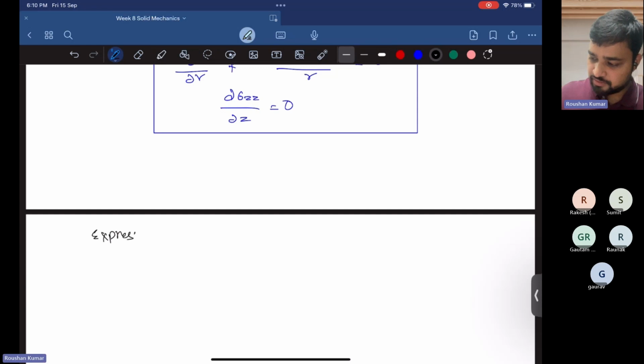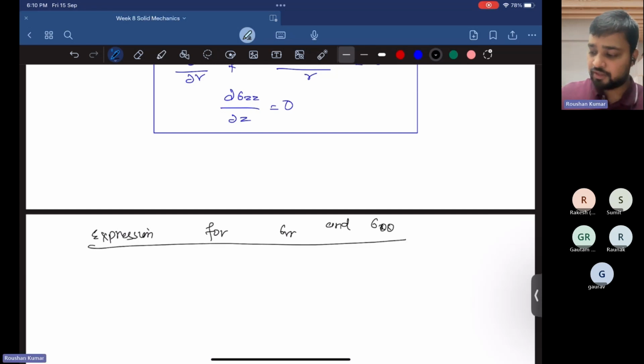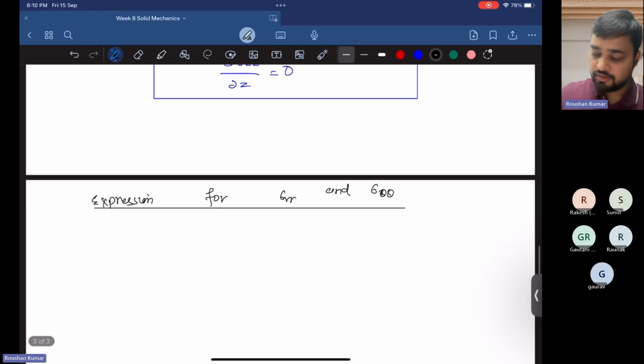that is expression for sigma rr and sigma theta theta. So the final expression that is obtained for the thick cylinder, the expression of sigma rr and sigma theta theta, is given by these equations.